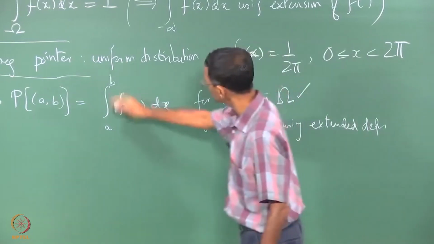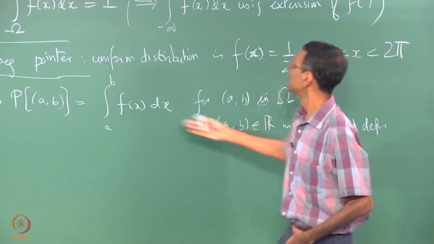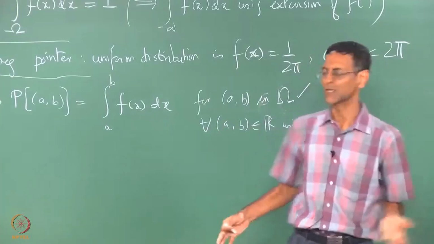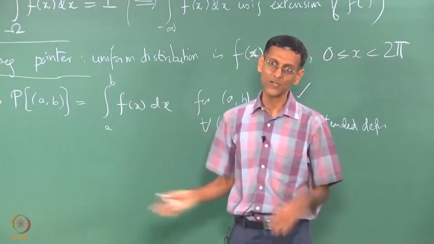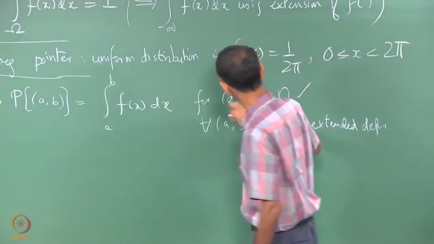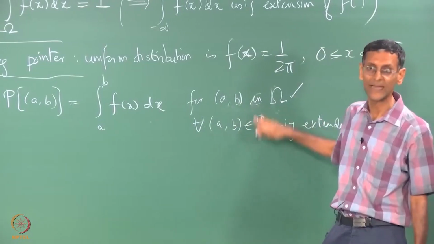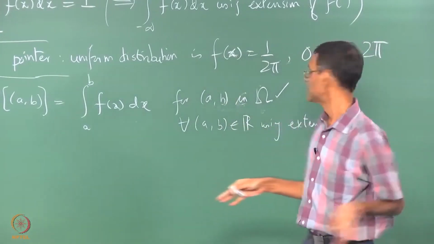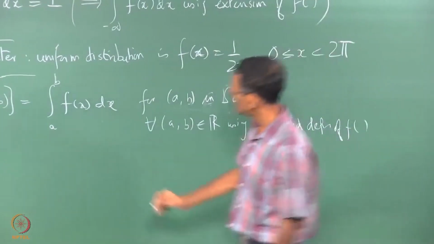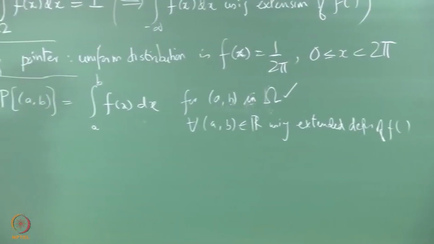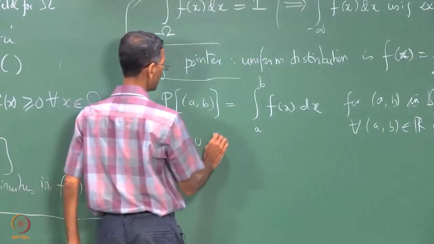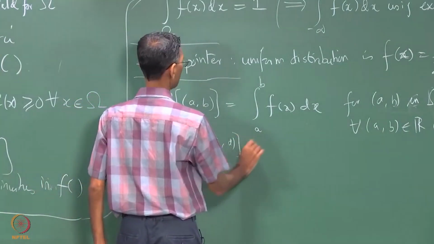The point is that because you get a null event, you do not have to say that it is explicitly 0 or something. You can live with this integral of a 0 function and you do not have to keep making special cases. But the non-zero probabilities are obviously going to come only here. They cannot come from the general extended definition of f. And more importantly, if I have a union of disjoint sets, what will this be?